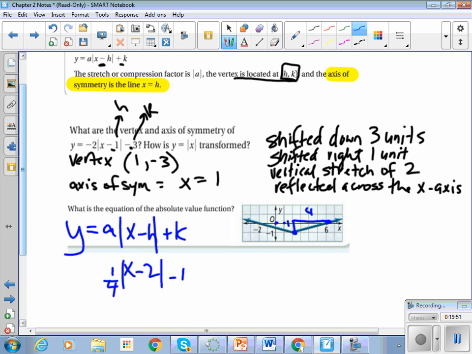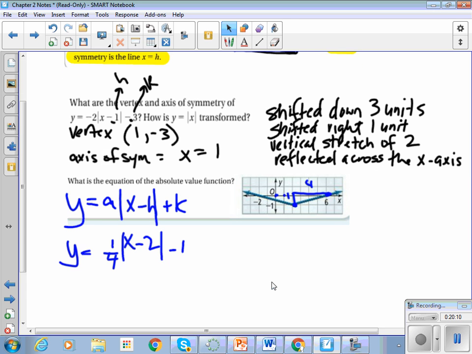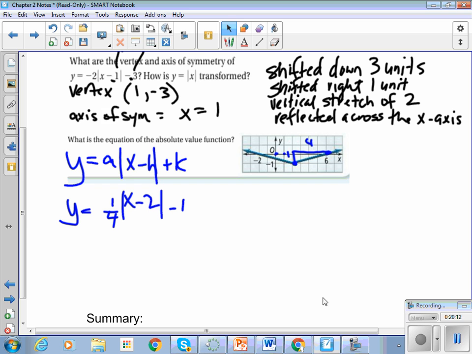No, so this a value is positive. So the equation of this line is y equals 1/4 absolute value of the quantity x minus 2, minus 1. And that is all for today.